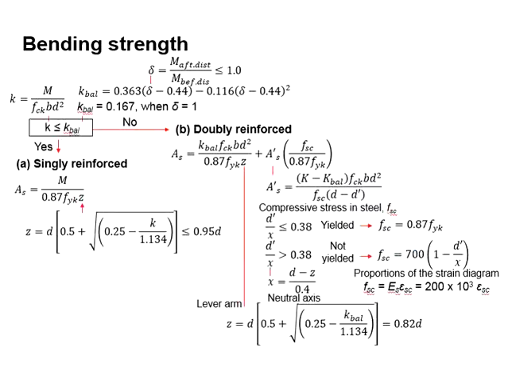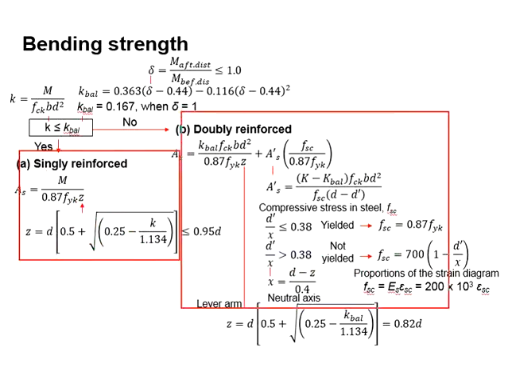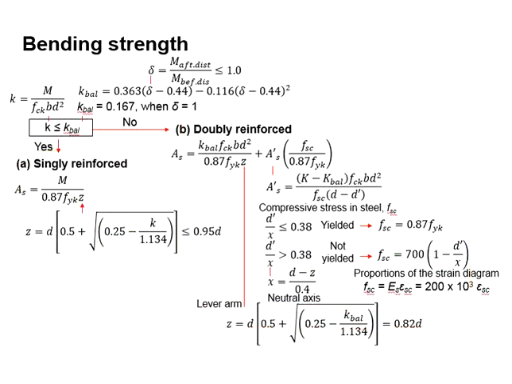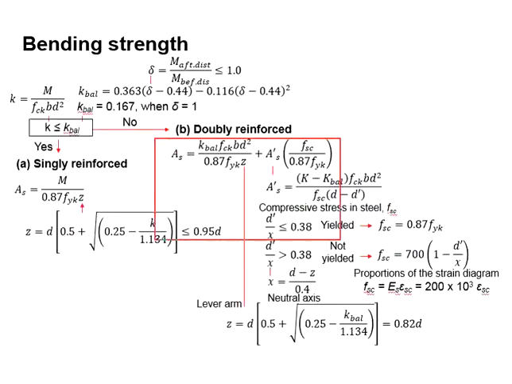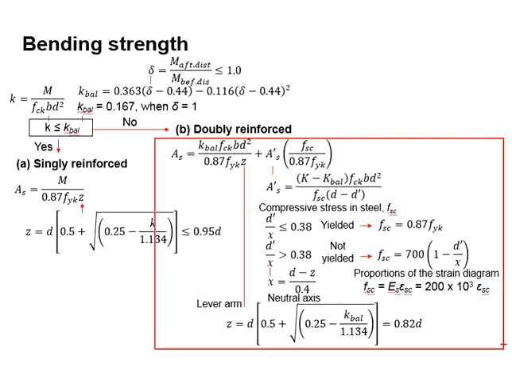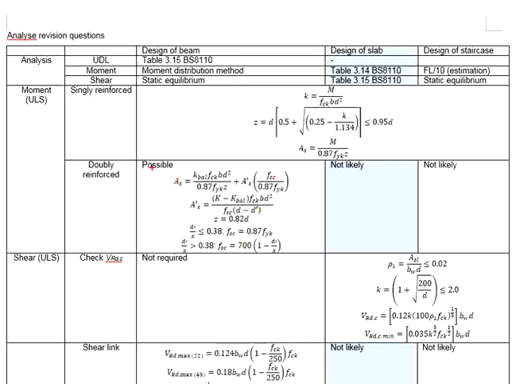Now, in the design of the moment resistance, a member can be singly reinforced or doubly reinforced. These are the equations for the design of singly reinforced members as listed in the summary table here. And these are the equations associated to the doubly reinforced member, and it is summarized here.